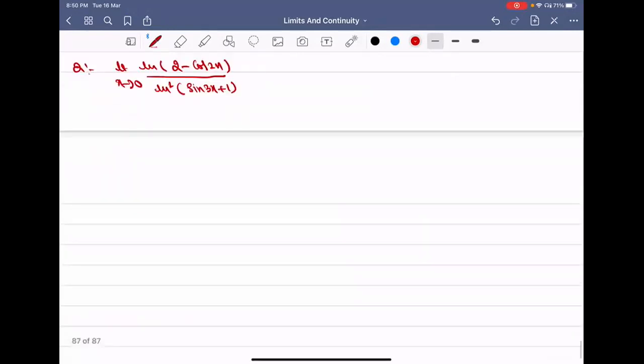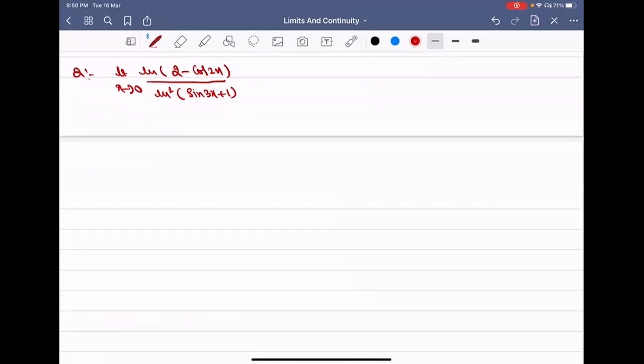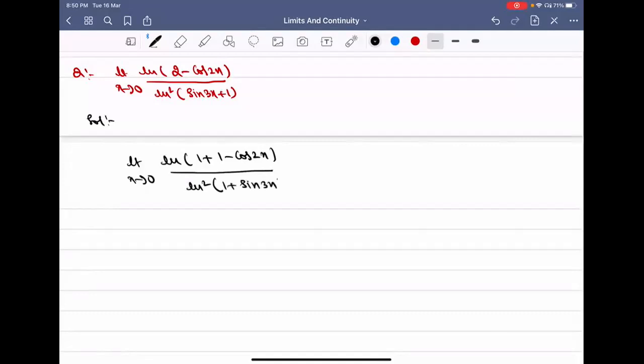Next: limit x tends to 0, ln of 2 minus cos 2x over ln square of sin 3x plus 1. Solution. This numerator can be written as ln of 1 plus 1 minus cos 2x, over, the denominator is as it is, ln of 1 plus sin 3x.